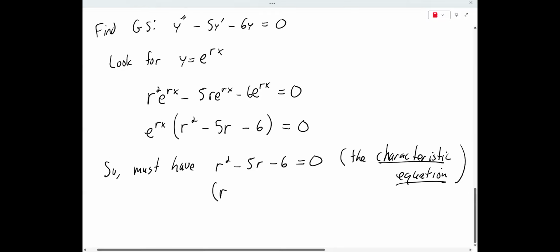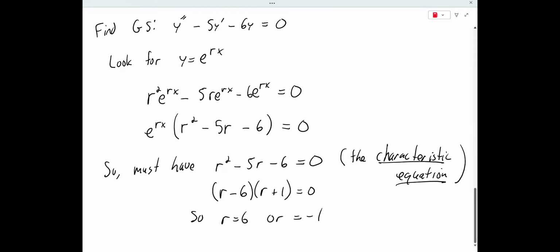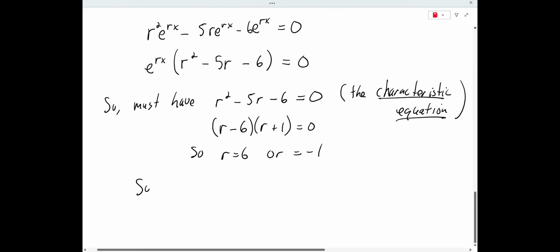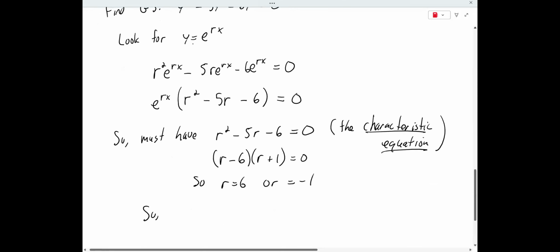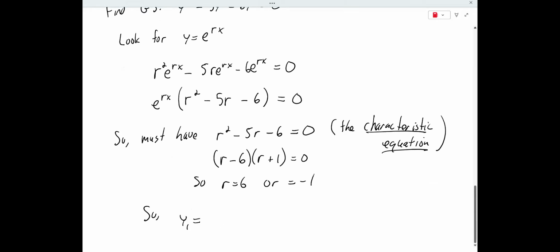You can factor it. So that's (r minus 6)(r plus 1) equals 0. So that means r equals 6 or r equals -1. So for solutions, we got y sub 1 equals e to the 6x, and y sub 2, another one here, equals e to the -1x.